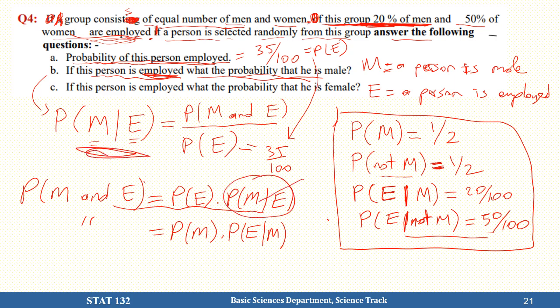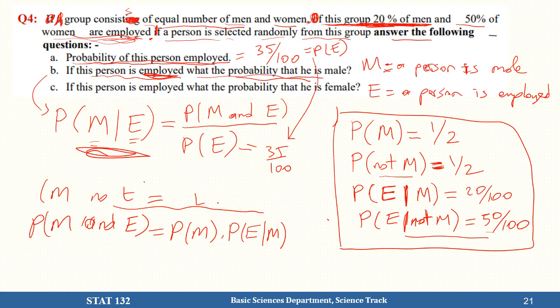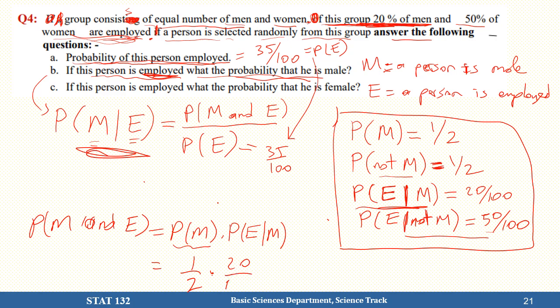We are already trying to find this one, so we will not use this one for sure. So we'll use the second one here, this M and E. So we can use the second formula here. And in the second formula, we have the probability of male, which is 1 over 2, and the probability that he is employed given he is male. So it's given here, so it's 20%, so it will be 10%.